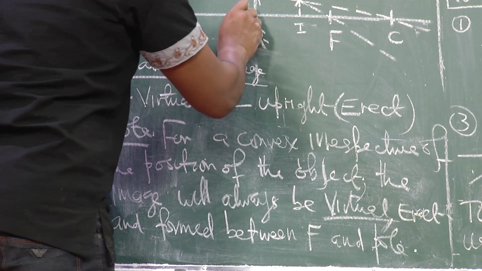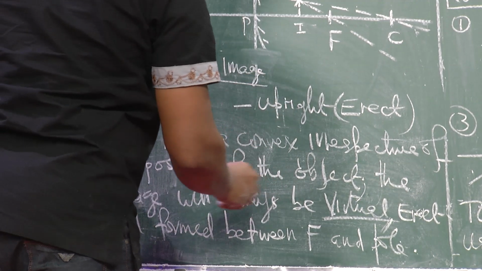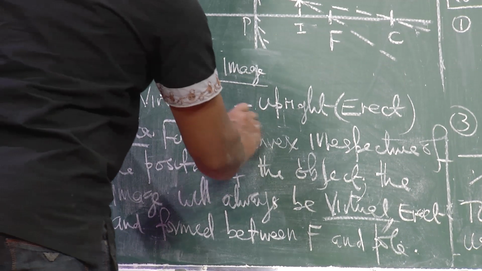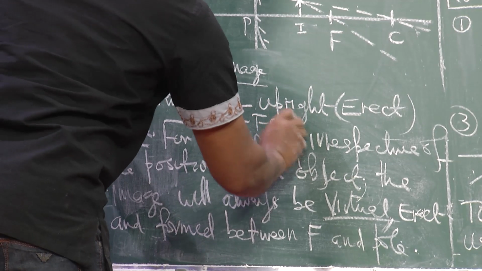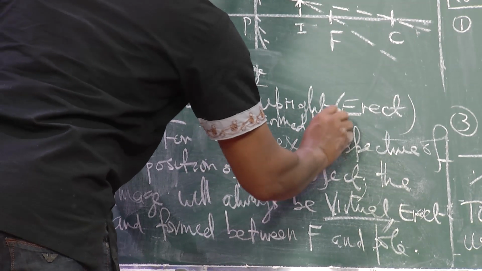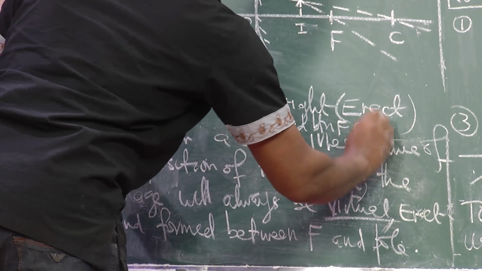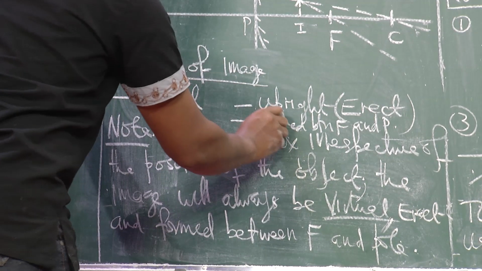This, by the way, is the pole, P. And we can add that as another characteristic: formed between F and P.